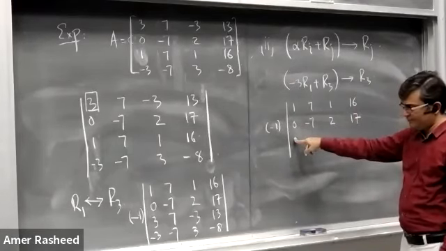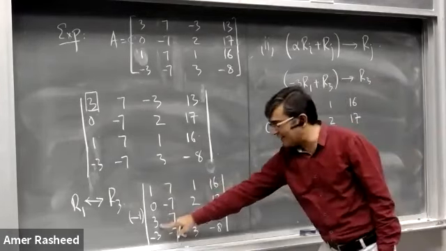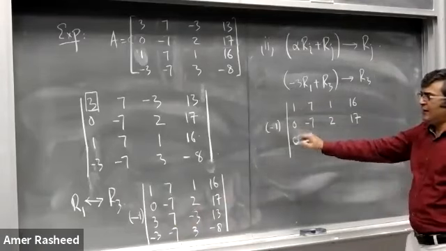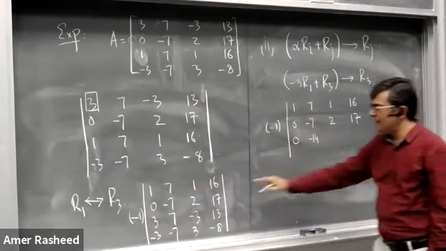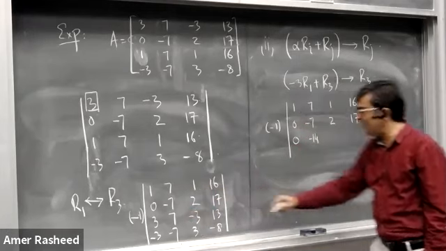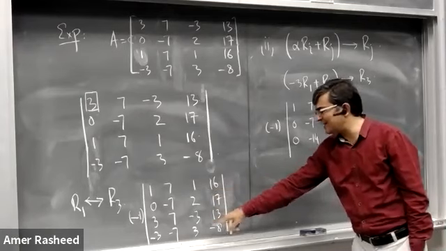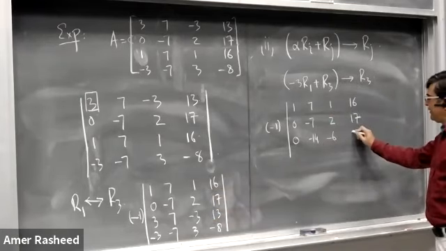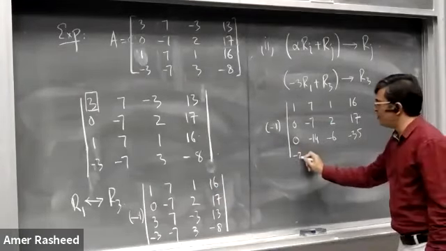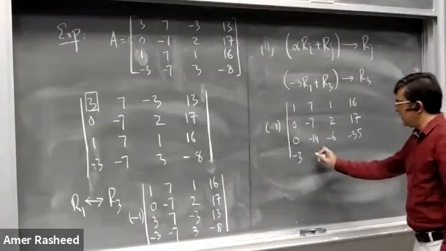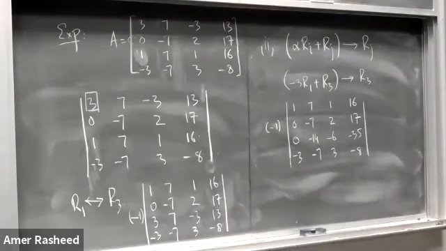Now, third row will change. You multiply this with -3 and add it here. So you get 0 here. -3 times 7 is -21, plus 7 is -14. -3 times 1 is -3, add 2, you get -1. -3 times 16 is -48, plus 13, it is -35. And the fourth row will remain, of course, same: -3, -7, 3, -8. Now, this is your determinant.